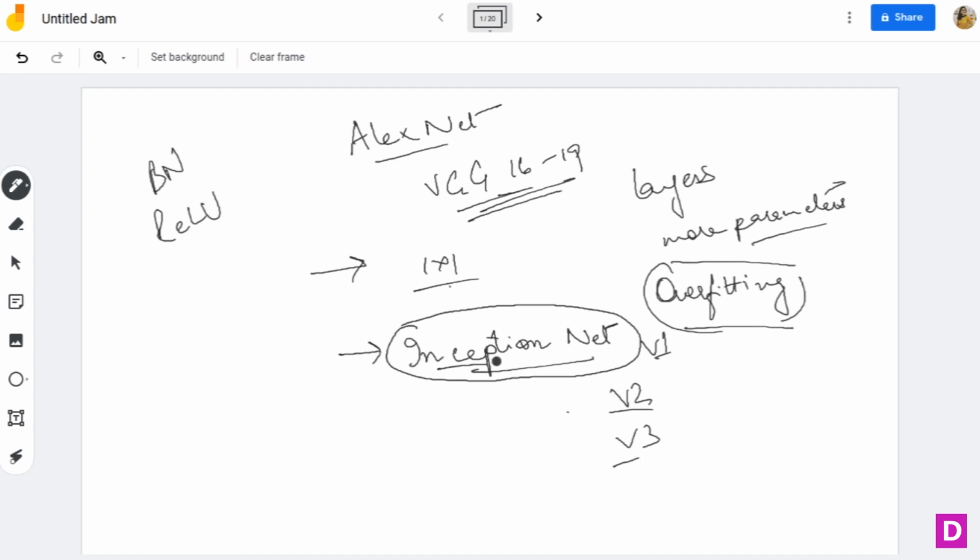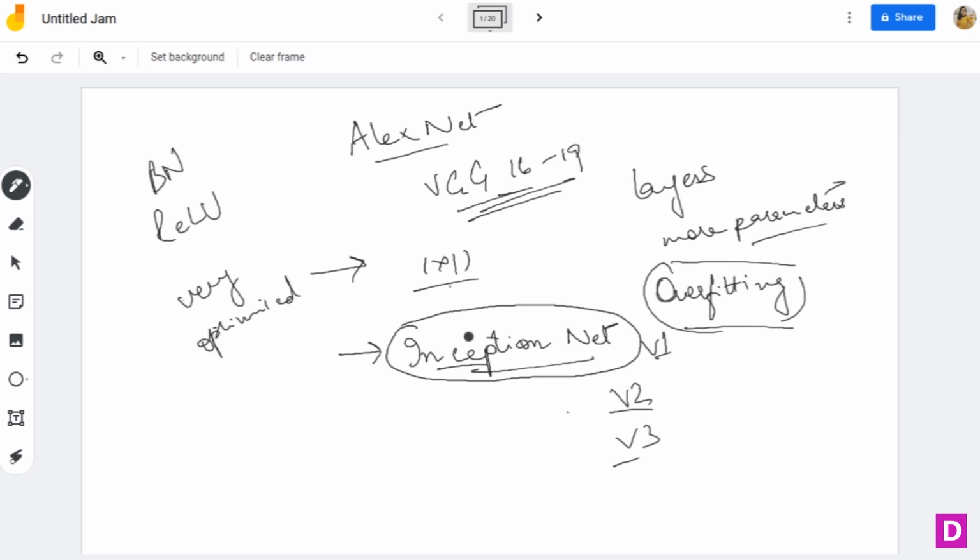Hence InceptionNet was a very well engineered architecture, very optimized. For that time it gave not only very good accuracy, but at the same time it decreased the trainable parameters by a lot.